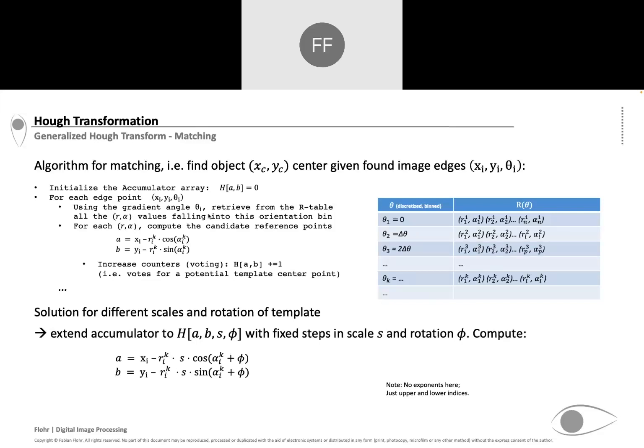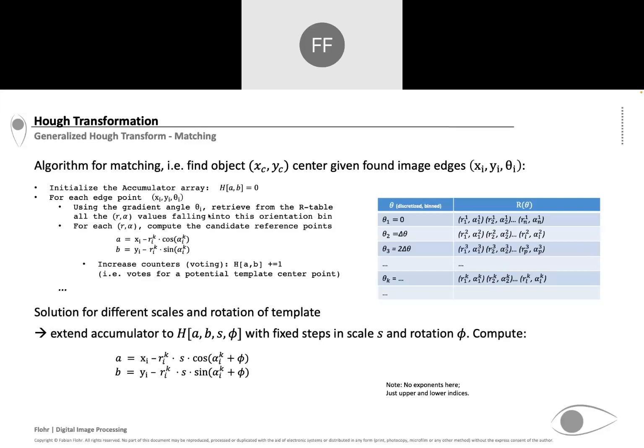And for each R and alpha tuple, I compute the candidate reference point by using again this formula here. So I have my location, X and Y, I have my radius, I have my cosine and sine of this alpha that I've stored here. And for that, I get my location in the accumulator array, A and B, which is my candidate reference point here. And I increase the count as the voting in my accumulator array at A and B for that.